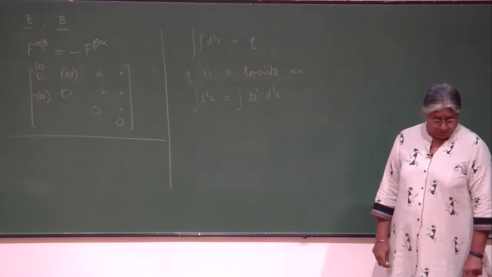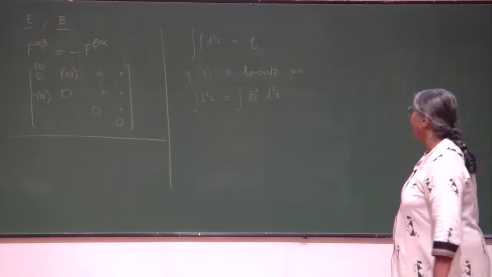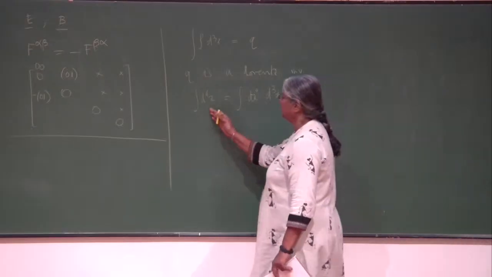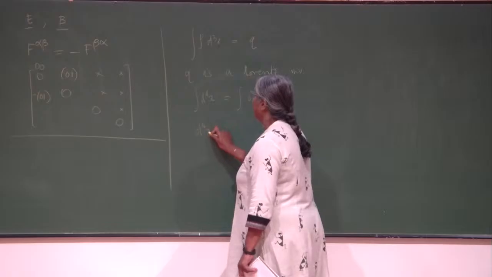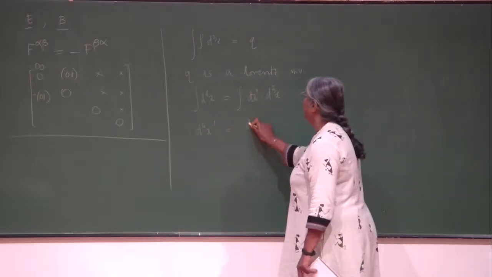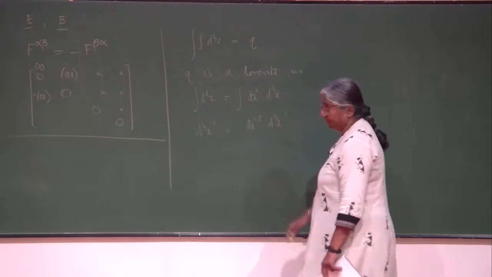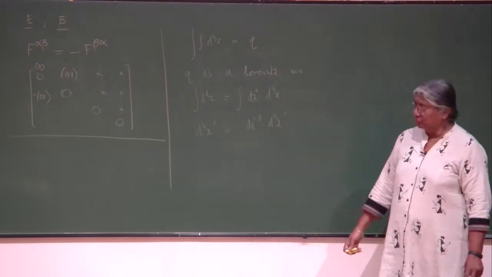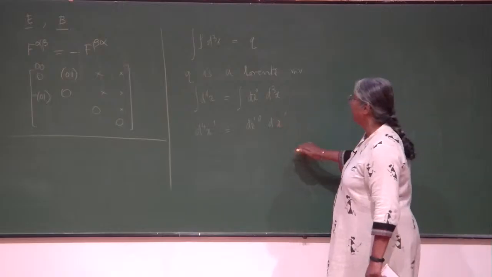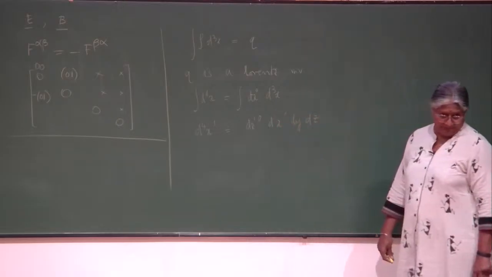So this whole song and dance about determinant A being 1 was that if I transform d4x to d4x prime, then it will transform to dx naught prime into d cubed x prime. Now let us assume that only dx prime changes and dy and dz are the same. Again, I am doing the simple case.